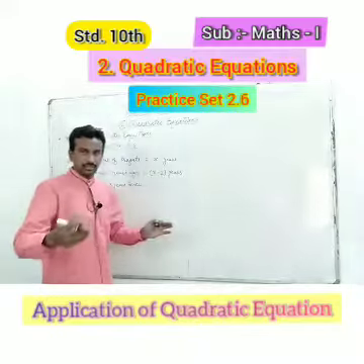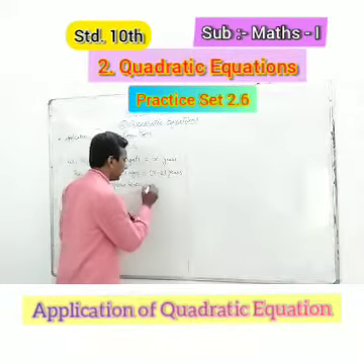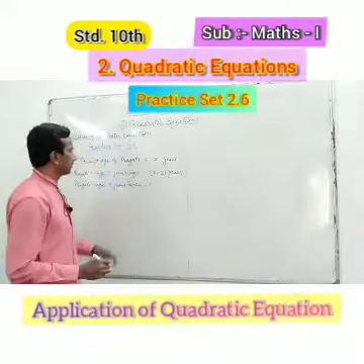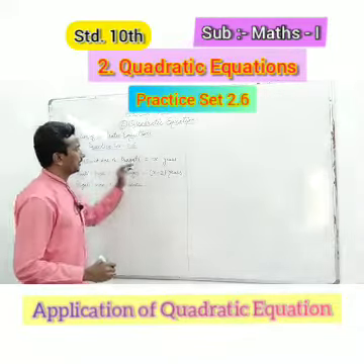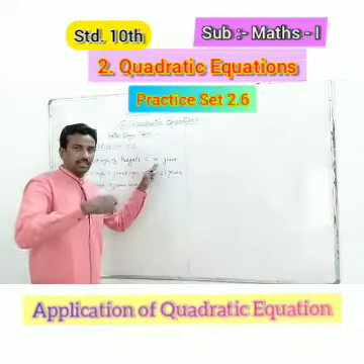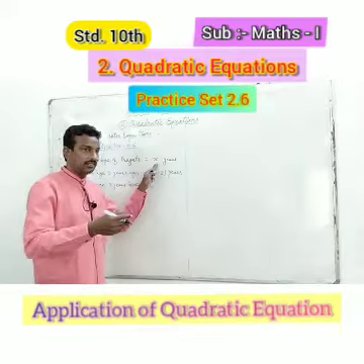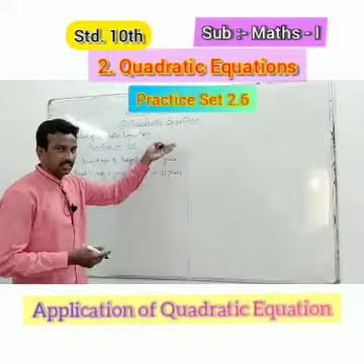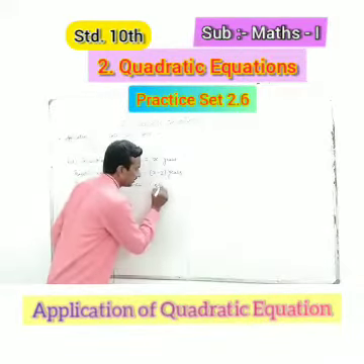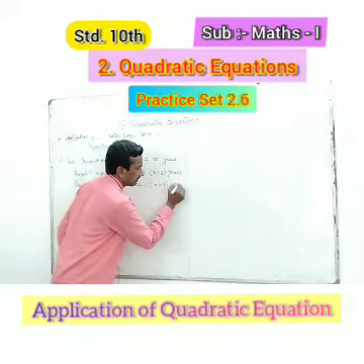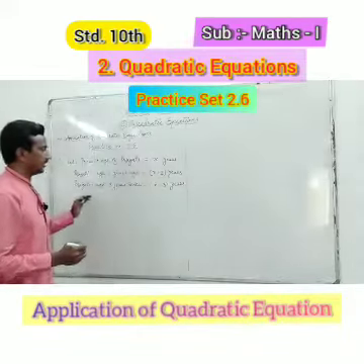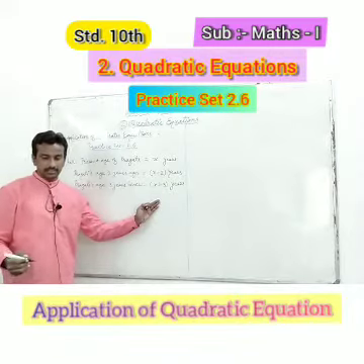Hence means after 3 years. What will be the age of Pragati after 3 years? Today or present age of Pragati is x years. After 3 years means she will be plus 3, means x plus 3 years. After 3 years, Pragati's age will be x plus 3 years.